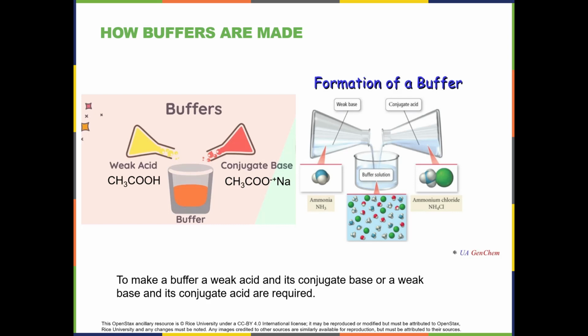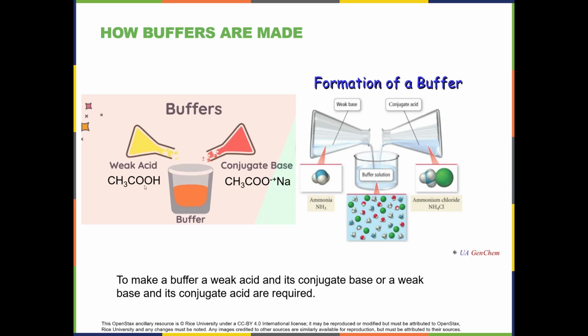Well, buffers take advantage of using a weak acid and its conjugate base. So a solution is made that contains both the weak acid and the conjugate base. Not simply the conjugate base that's made from the interaction of the weak acid with water, but literally, this is called sodium acetate. Sodium acetate is added to the solution.